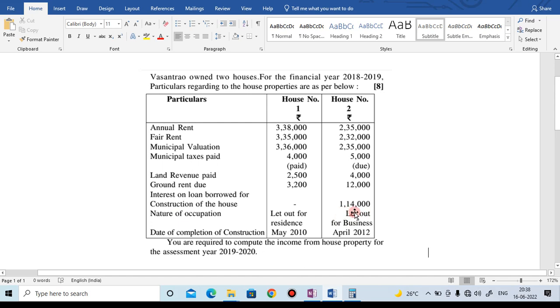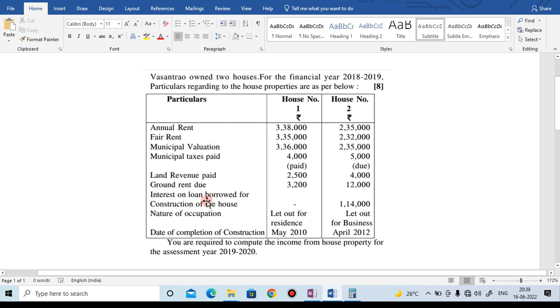Okay, so remember one thing, in case of let out house or partly let out house, the maximum deduction in the case of interest on loan borrowed for construction, for renovation, will be 2 lakh rupees. So this is maximum, means it is below 2 lakh, so we can deduct it in deduction under section 24.